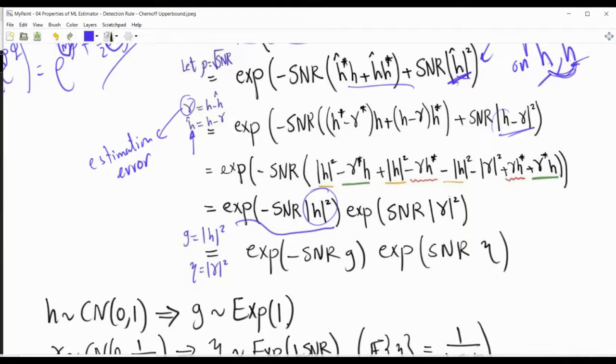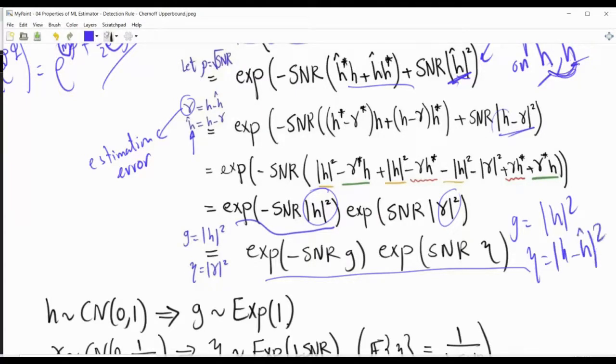Let's call this G, and let's call this eta, and this is our function. So this is conditioned on G and eta, and G, don't forget, is the magnitude of H squared, and eta is the magnitude of H minus H hat squared.